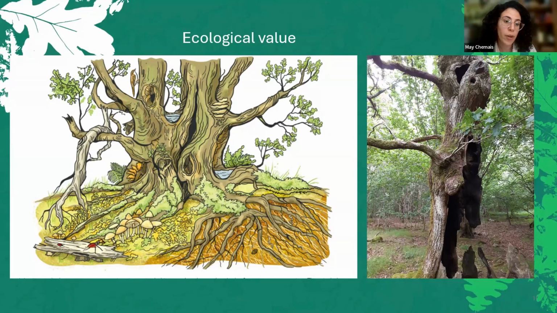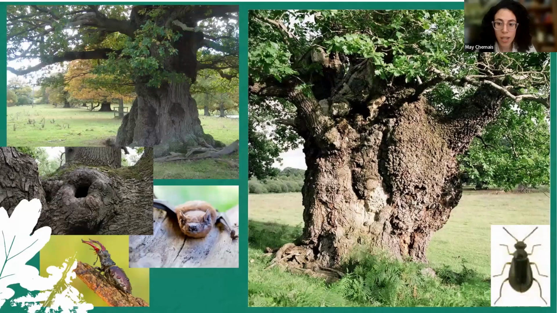If a branch has fallen and stays on the ground, that's a great place for a number of different species. And mycorrhizal fungi will enjoy the root system of the tree. So this ecological habitat is really important, because they are habitats in their own right. We must not forget that an individual tree is a habitat to many.